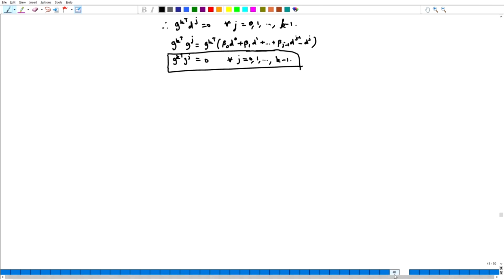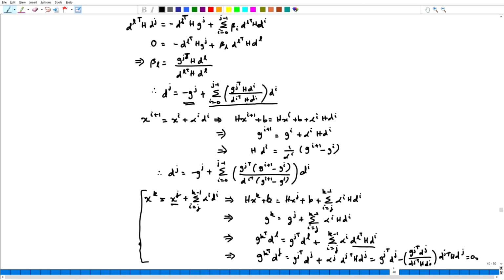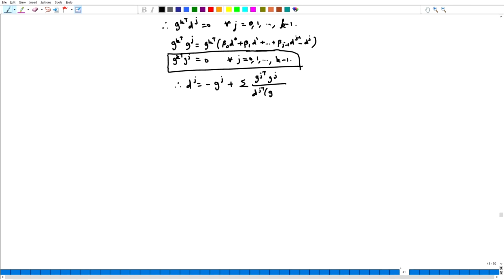So you just have dj equal to minus gj plus, with no summation because there is only one term when i equals j minus 1, gj transpose gj by dj minus 1 transpose into gj minus 1 into dj minus 1.